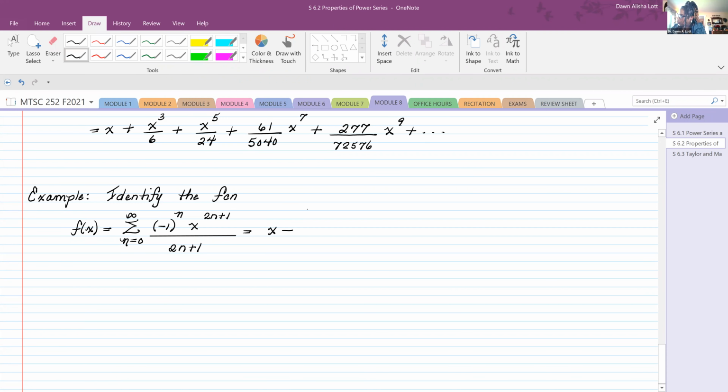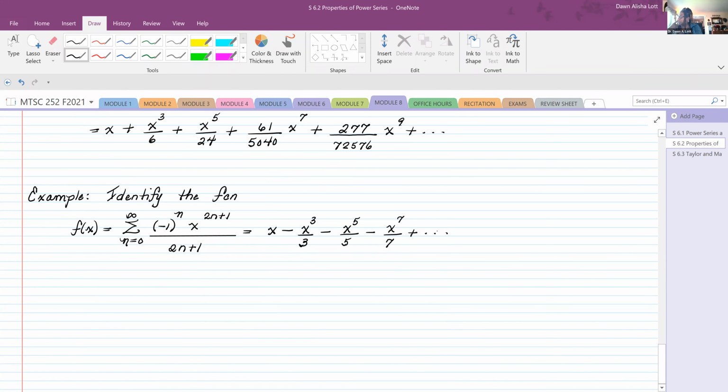When n is 1, I get x cubed over 3. When n is 2, I get x to the 5th over 5. When n is 3, I get x to the 7th over 7.